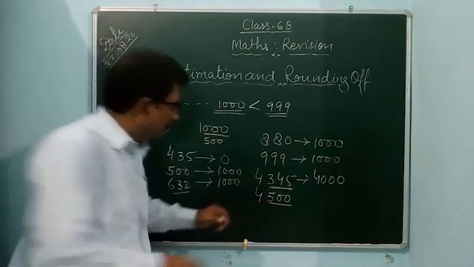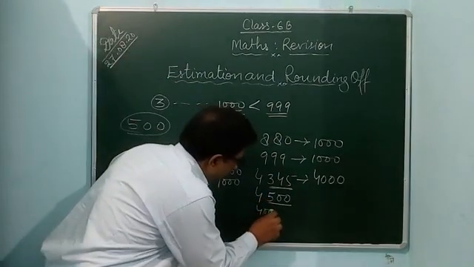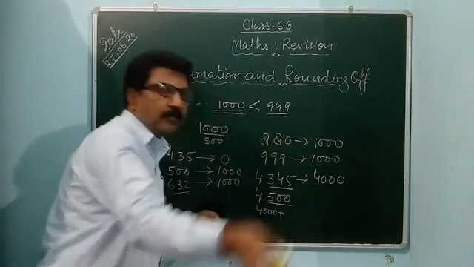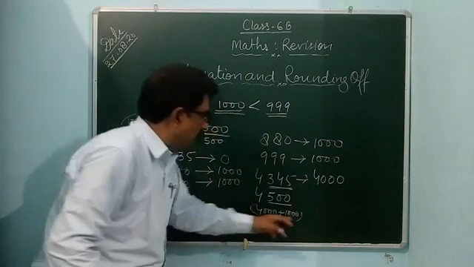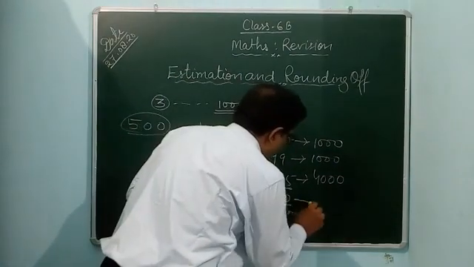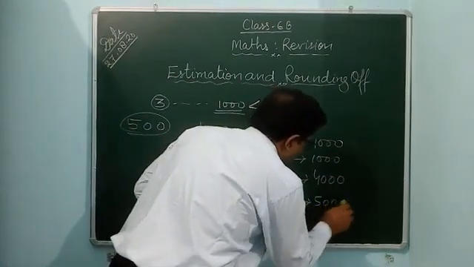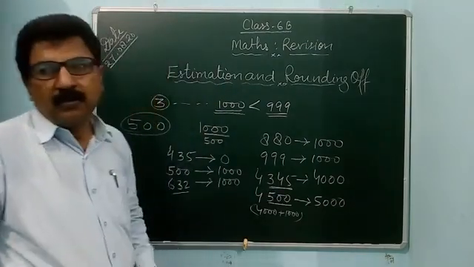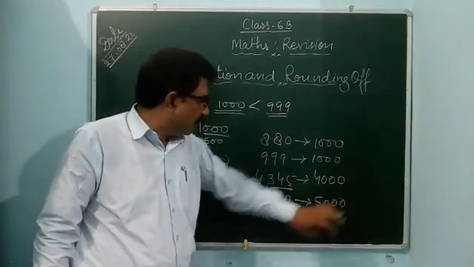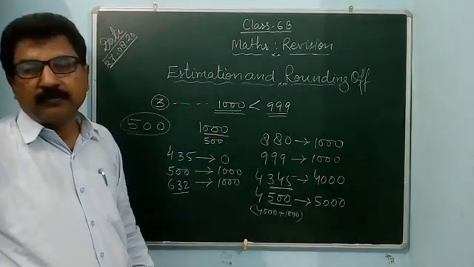So 4,000 plus 1000 will be 5,000. I am estimating 4,500, it will be 5,000.